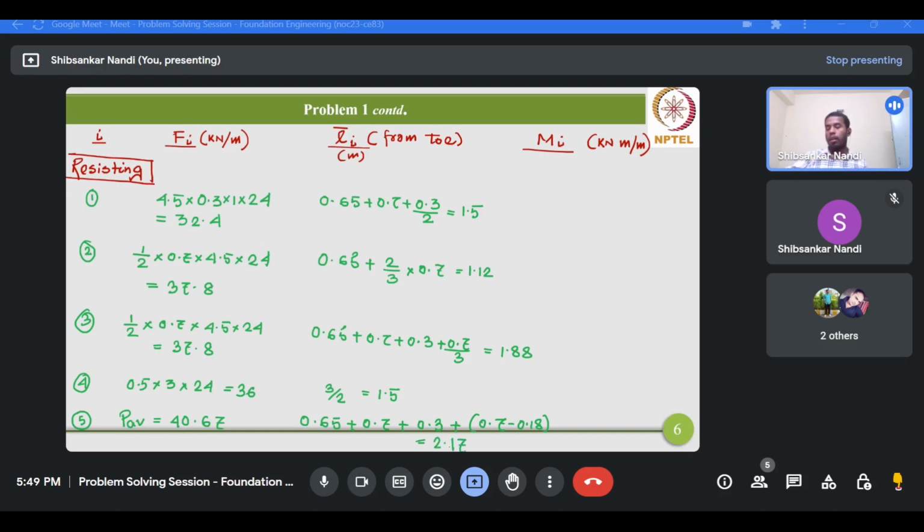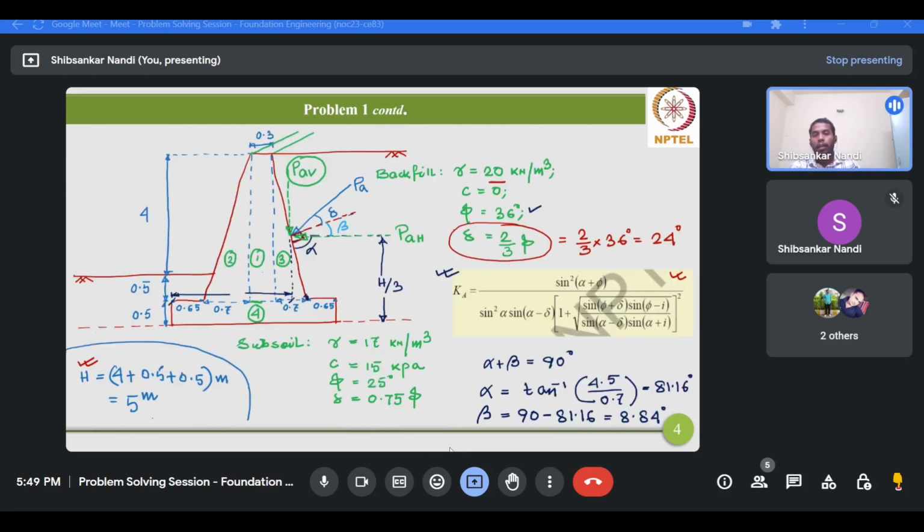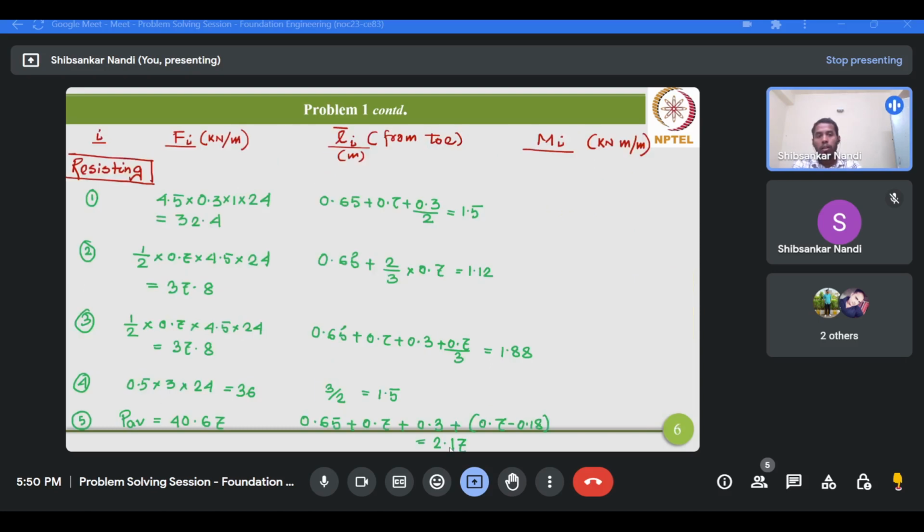So in this way we have got all the components, force components, which are basically taking part in the resisting, or which are contributing to the resisting part. Okay, now we'll try to calculate the moment as well. So we'll have to simply multiply 32.4 multiplied by 1.5, so 48.6.